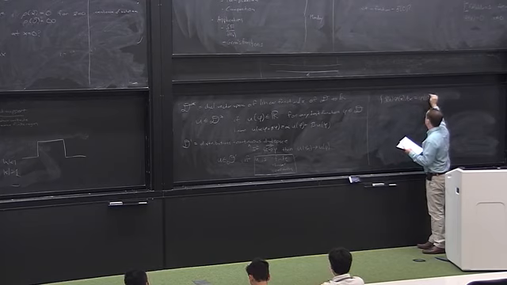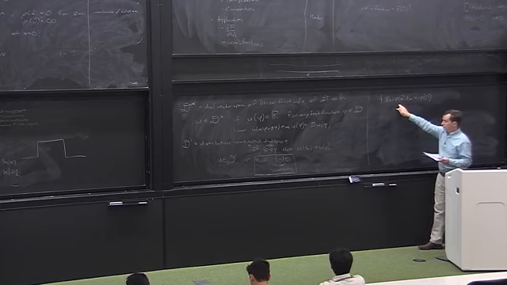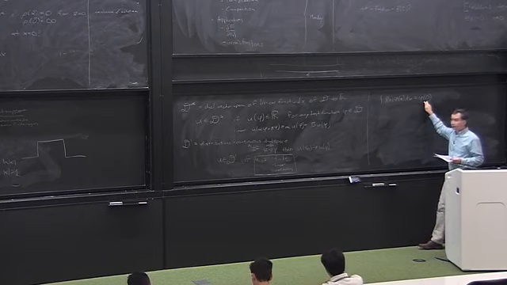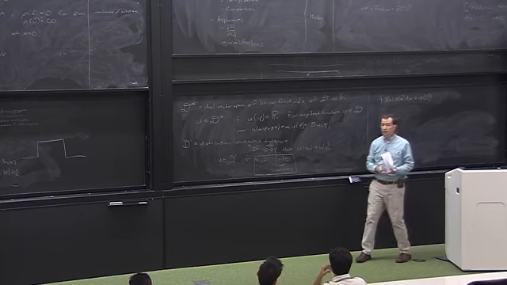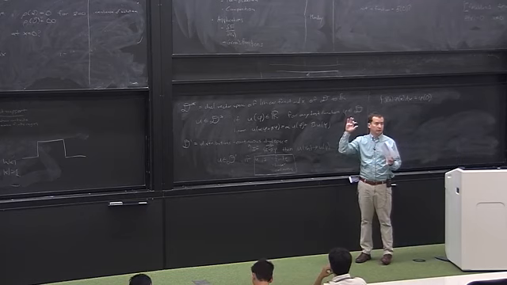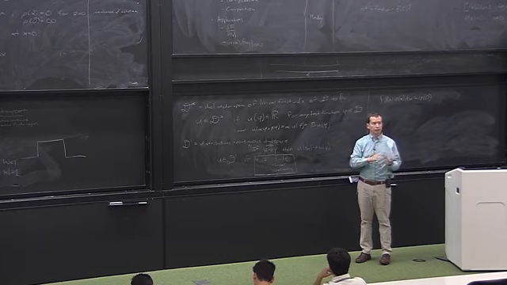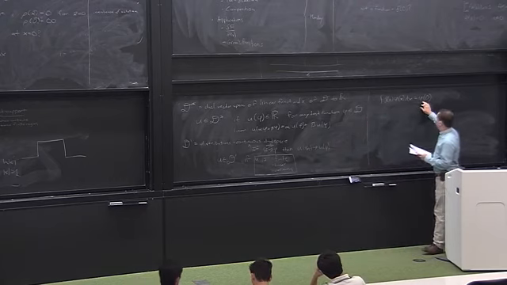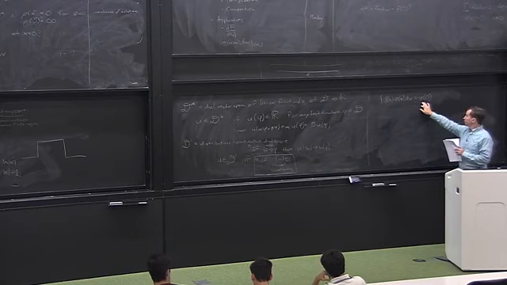That's phi of 0. So it's finite because test functions have a finite value at 0. They have a compact support. They're continuous, so they have a well-defined value everywhere. So this is always a real number for our test function space.